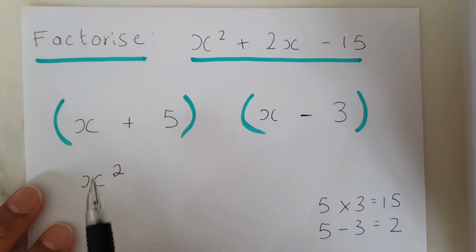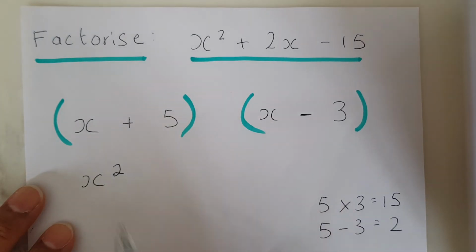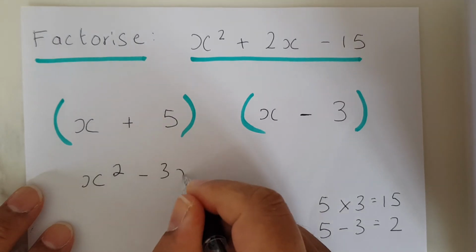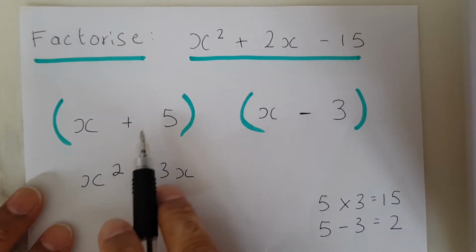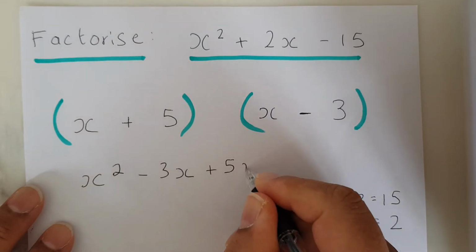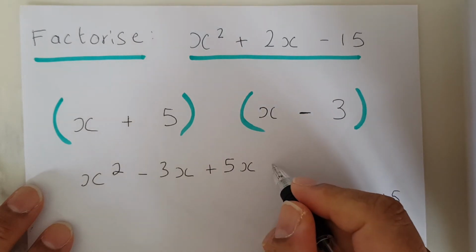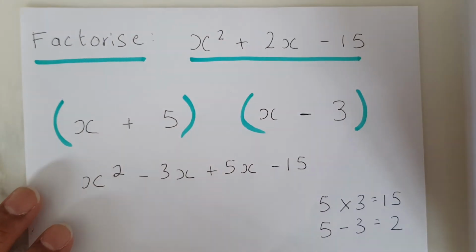Okay, so x times x is x squared. X times minus 3 is minus 3x. Then we have 5 times x, which is a positive, plus 5x. And then we've got 5 times minus 3, which is minus 15.